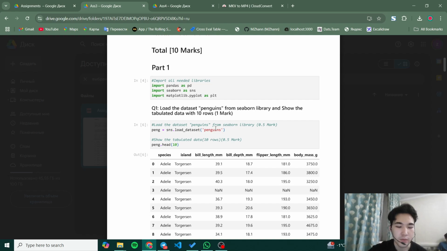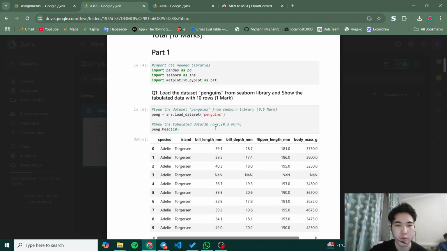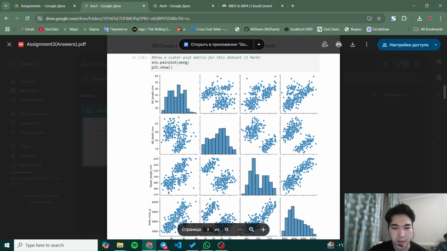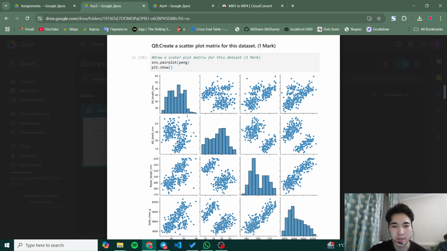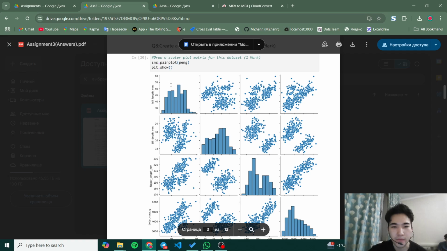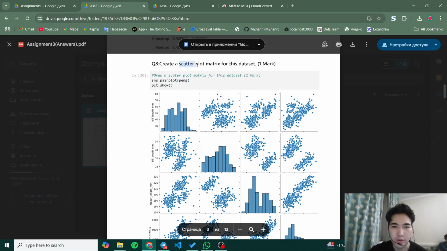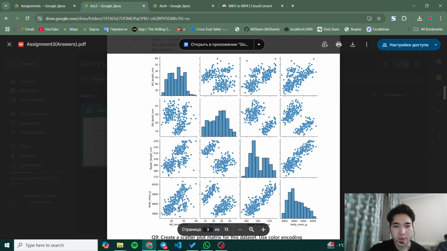Because of the large number of students, we had less time, so I just asked them 3-4 questions. For the first one, I ask what this is and why on the diagonal there are histograms instead of scatters. The answer is that this is a scatter plot matrix.